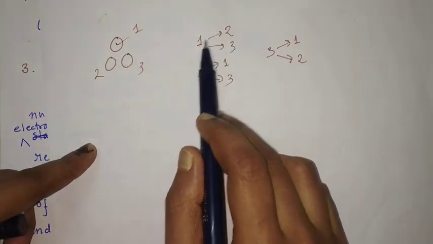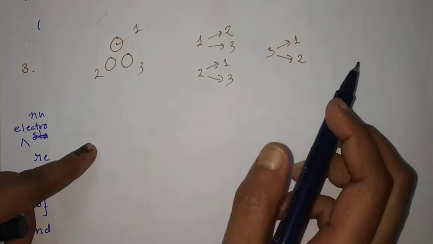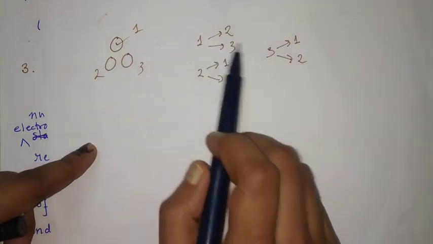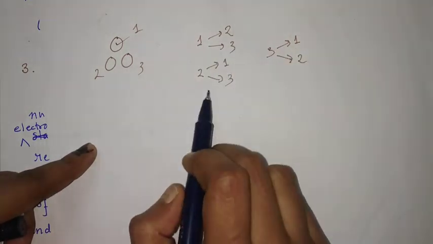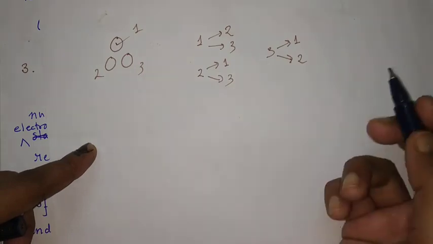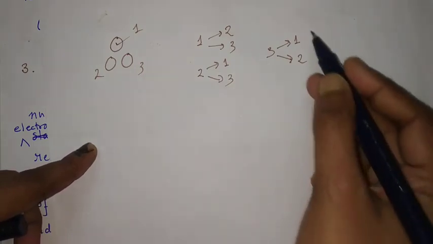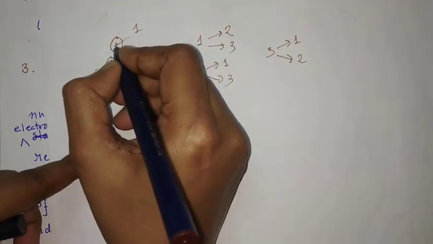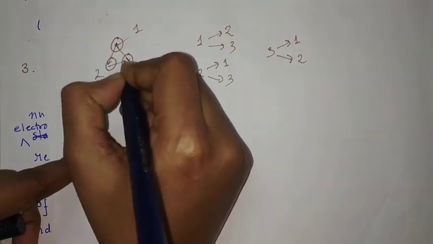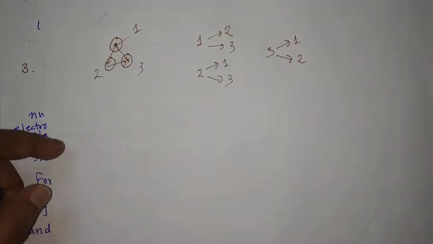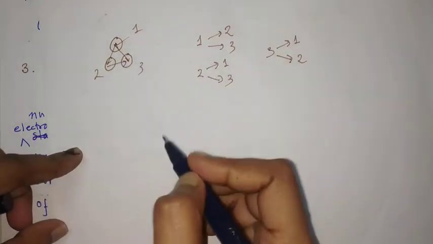The interaction between 1 2 and 2 1 are same. Again 1 3 and 3 1 are same, and between 2 3 and 3 2 are same. So in this way, if you consider all these interactions, there will be only 3 interactions.